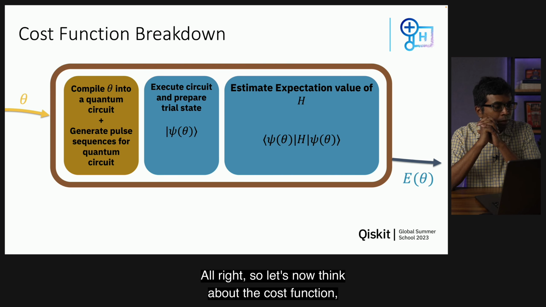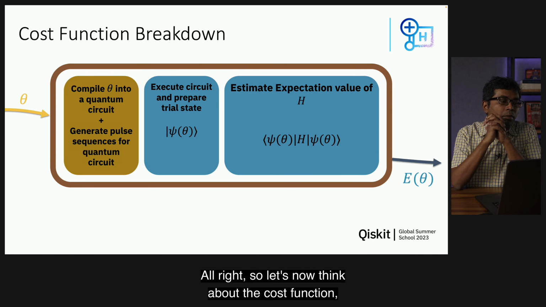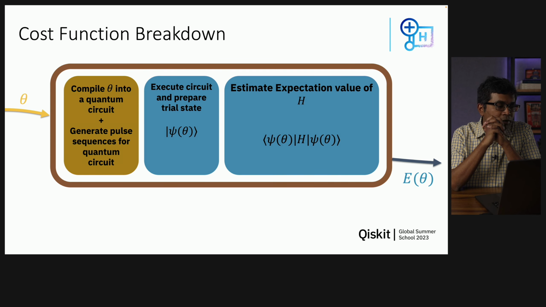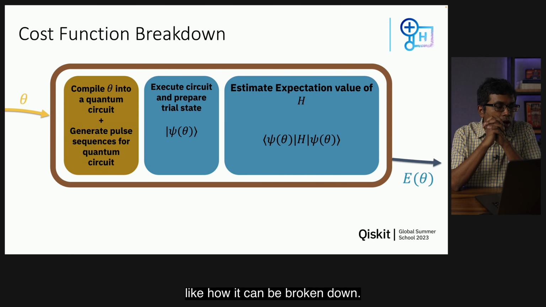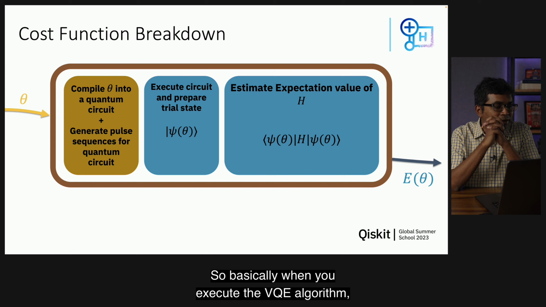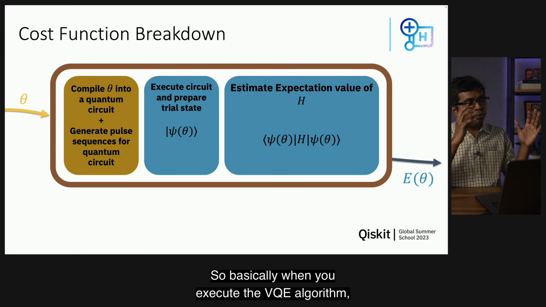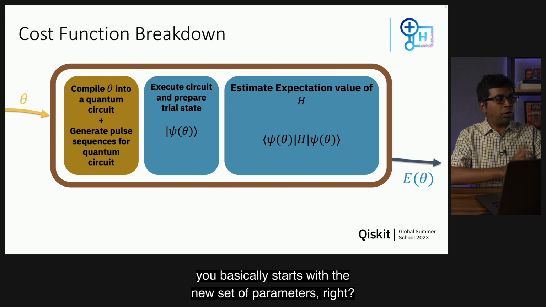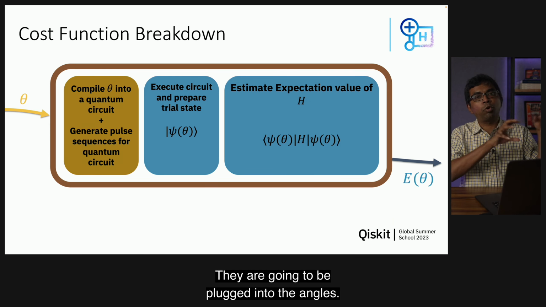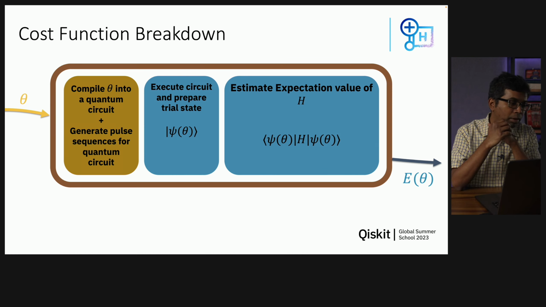All right. So let's now think about the cost function, and how it can be broken down. When you execute the VQE algorithm, every time you run the circuit, you start with a new set of parameters, right? They are going to be plugged into the angles.